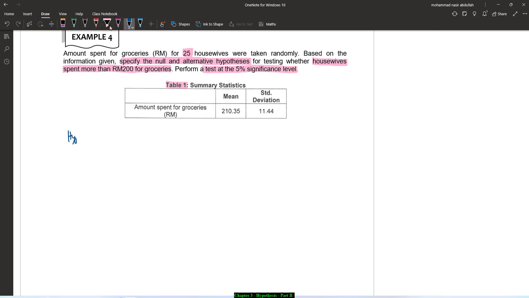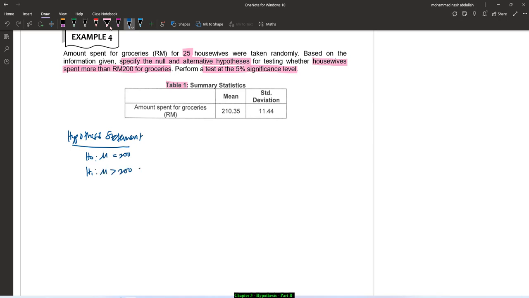So, hypothesis statement. Null hypothesis: mu, which is the spending for groceries, is equal to 200 ringgit. Alternative hypothesis: mu is more than 200 ringgit.